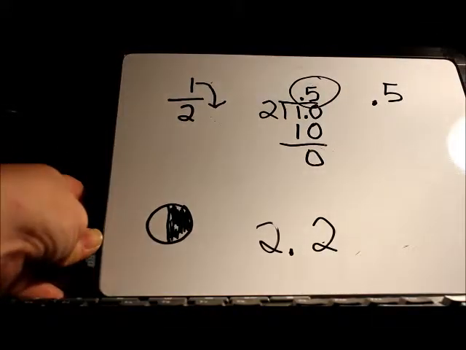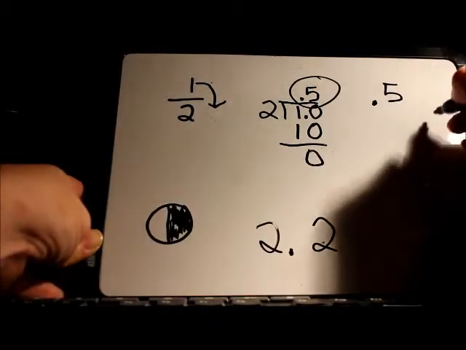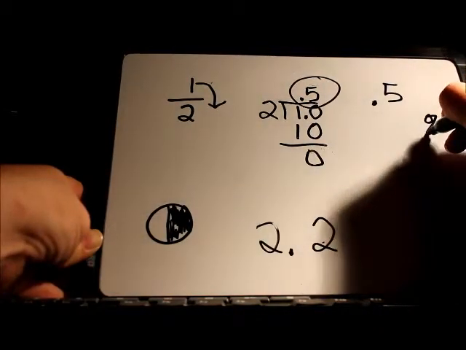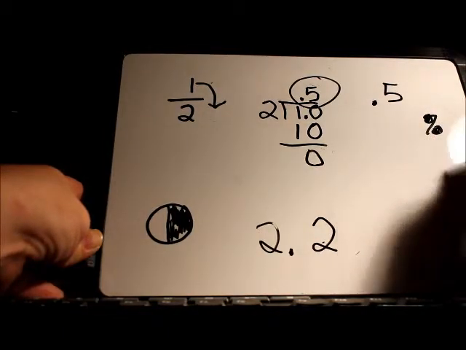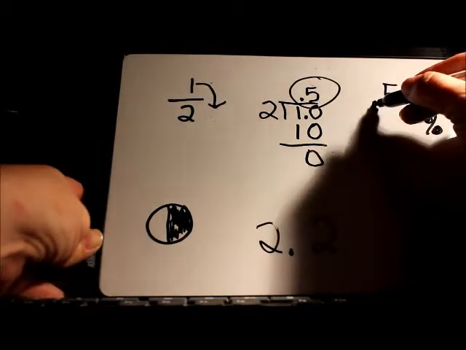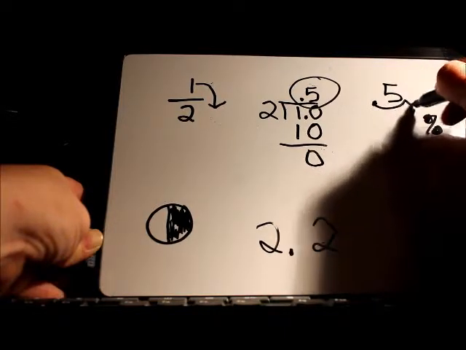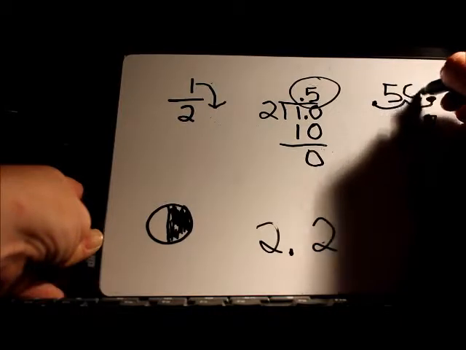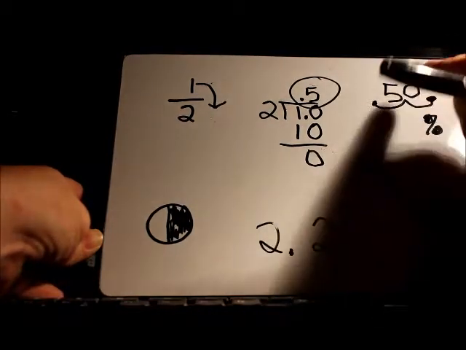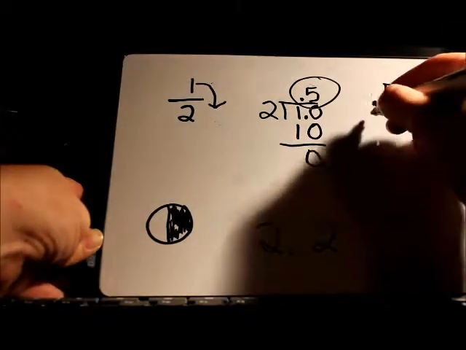Great. How do we get it into a percentage? Well, percentage looks like this, right? And it has 2 dots to remind us to move the decimal 1, 2 places over. Don't forget we have to put a 0 in as a filler. Now our magic decimal is going to disappear.